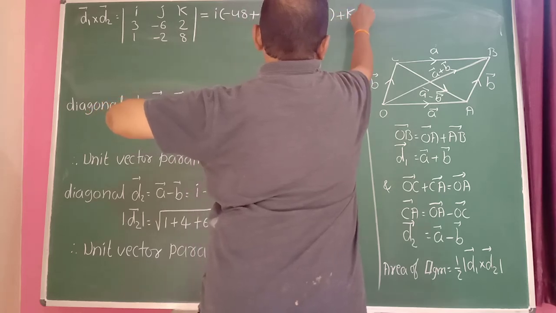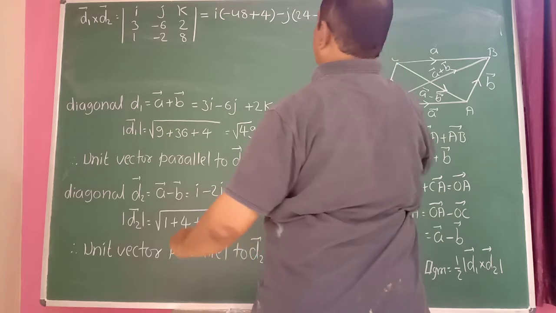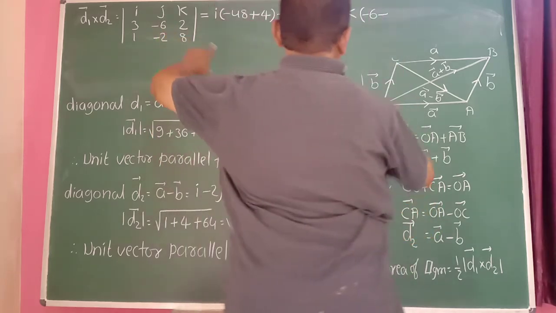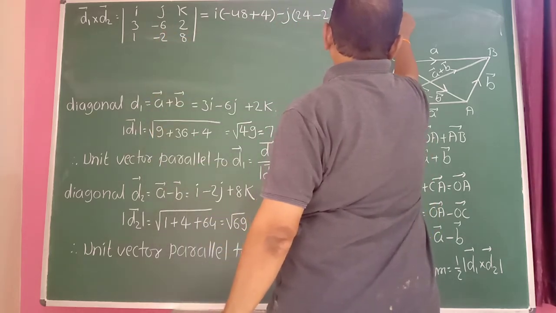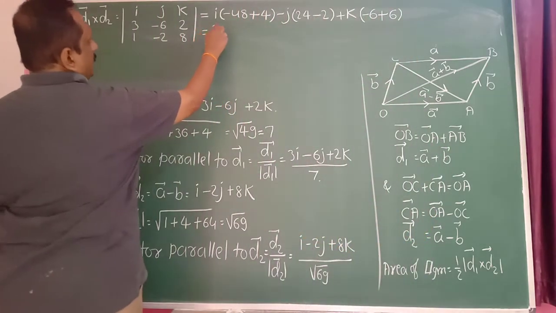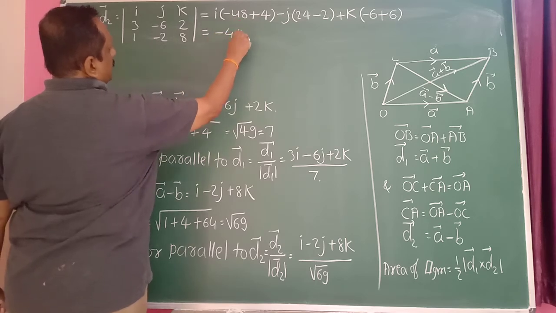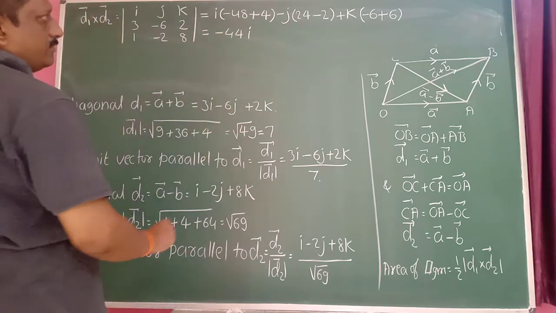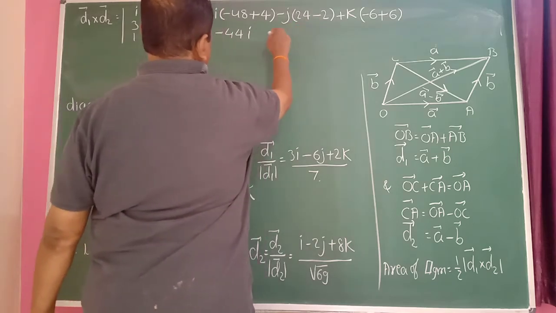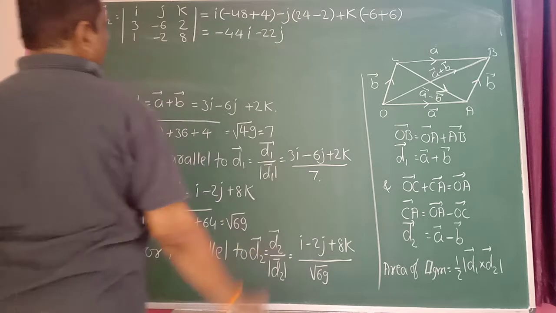Plus k into (3 × -2 is -6, minus 6, minus of -6 × 1, minus -6 gives plus 6).